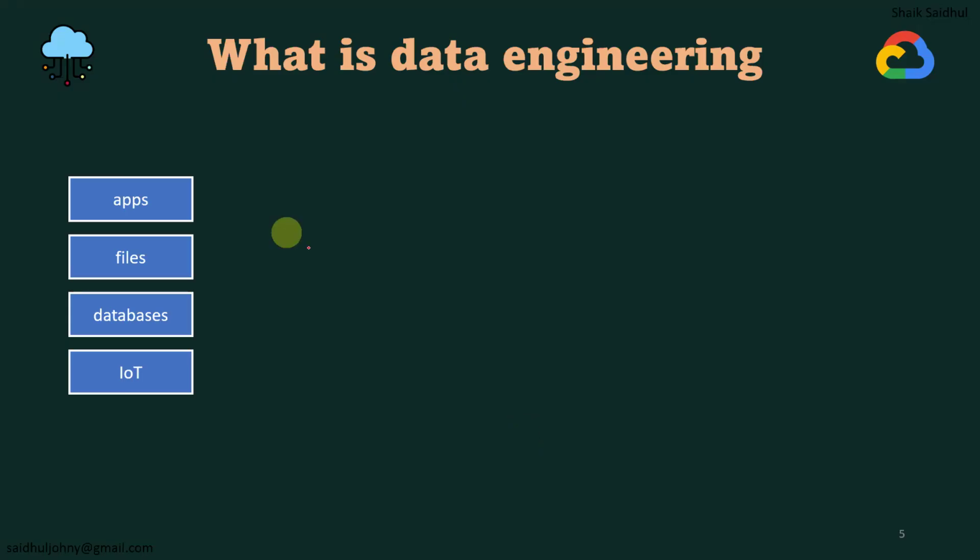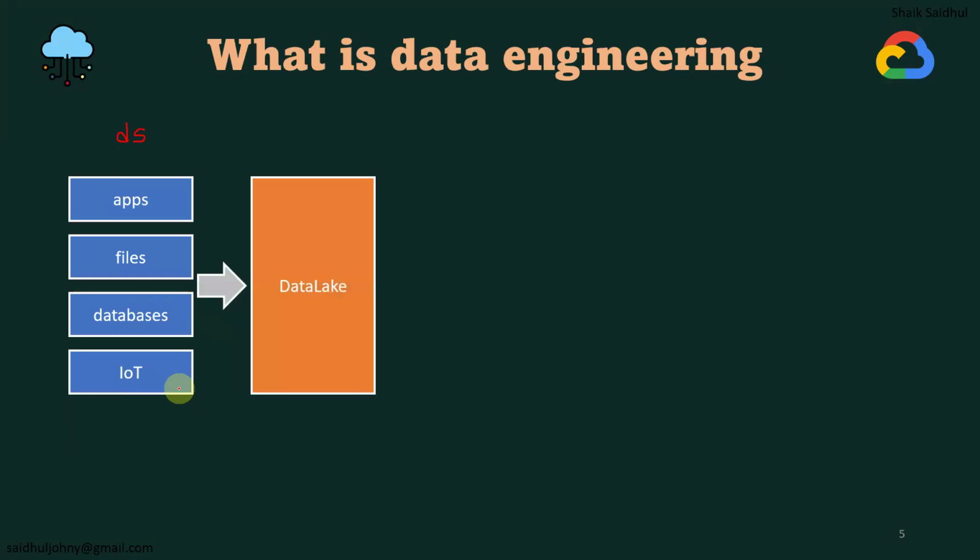Now, these are the multiple data sources. These data sources may be running in different locations, or on different servers, or in different areas. So the very first thing is that if I want to analyze the data, I need to keep the data in one single location.